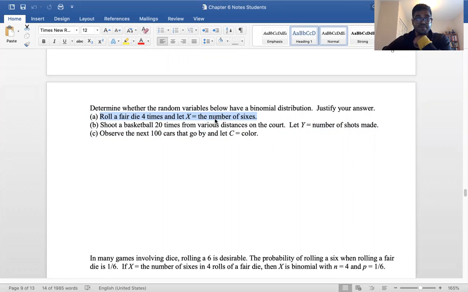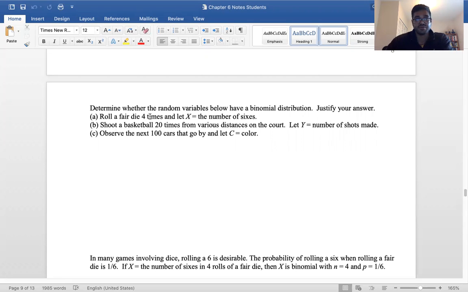So the B would be, is it binomial? Yep, you either get a 6 or you don't. The I, independent: I'm going to assume that the dice is a fair dice. So every time I roll it, it's going to be the same probability of success every time. And I'm going to assume that when I roll it the first time, it's not going to change the second time. So independence is good.